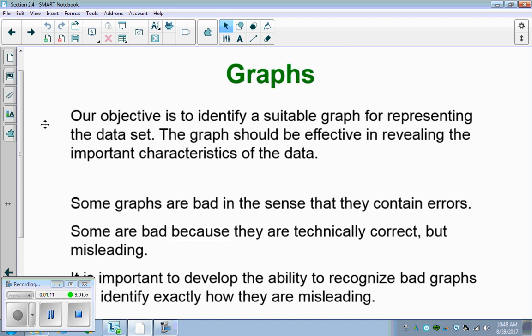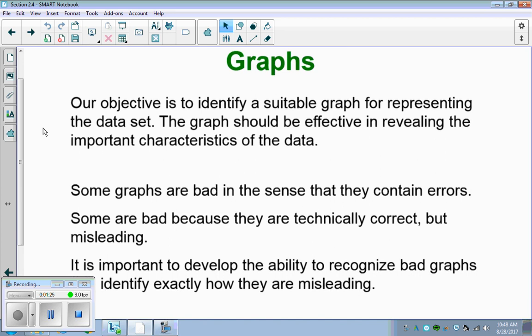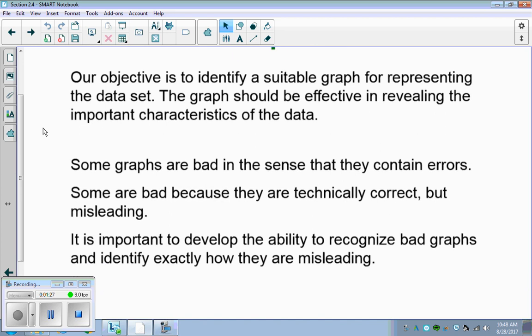It should give you a clear picture of what the data is saying. It shouldn't be all crowded so that you really have to look to even see what is contained. As you can see, some graphs are just bad because they contain errors. Some are technically correct, but they are misleading.